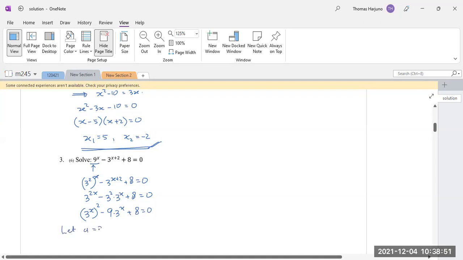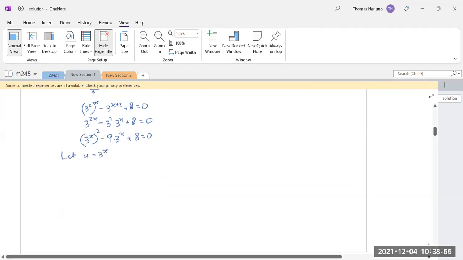Let u equal 3 to the x, such that our equation now becomes u squared minus 9u plus 8 equals 0. We can factor that.